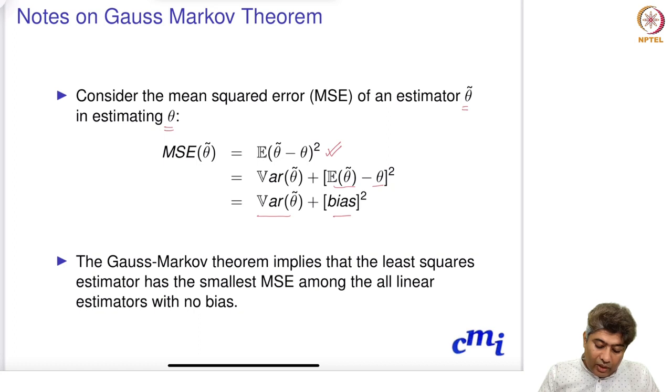Now the Gauss Markov theorem implies that the least square estimator has the smallest mean square error among all linear estimators with no bias. Bias here is 0. So among all the unbiased estimators, the least square estimator and its C transpose beta hat has the least mean square error.